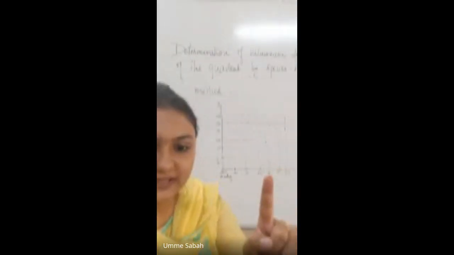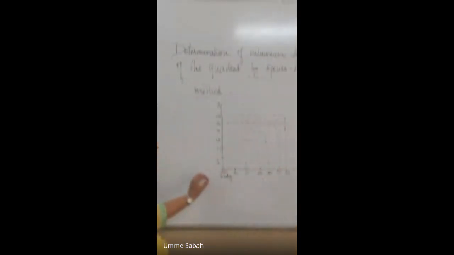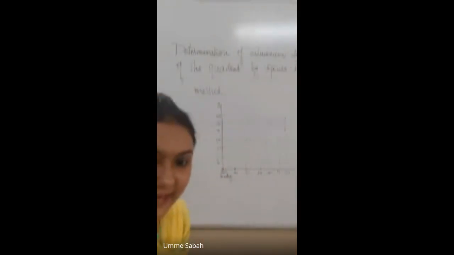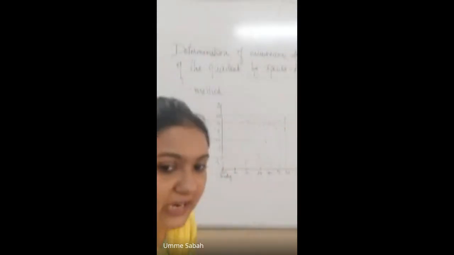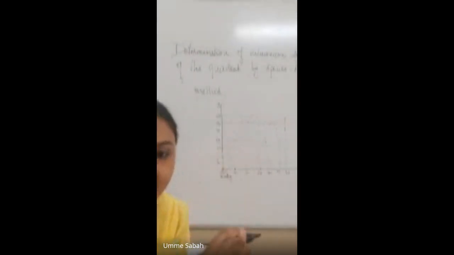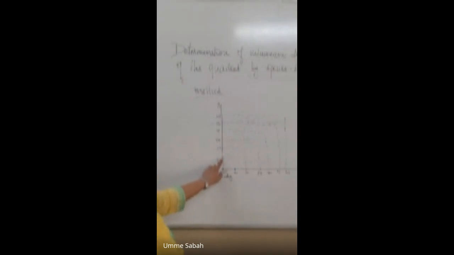I take a nail and I point here. So this is my start point, and from there I will be measuring. So nails are very much required. The moment I get 10 into 10, I place one nail here and one nail here. Then I get 20 into 20, one nail here and one nail here. 30 into 30, one nail here and one nail here.